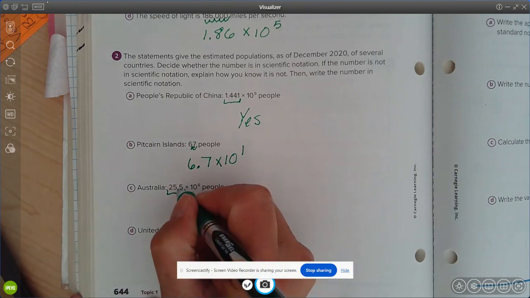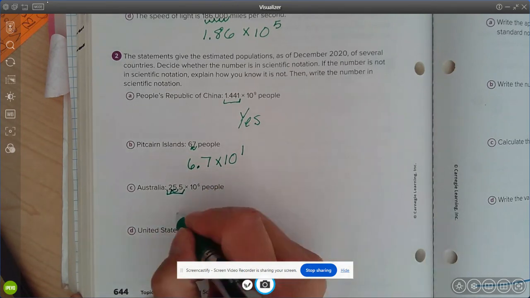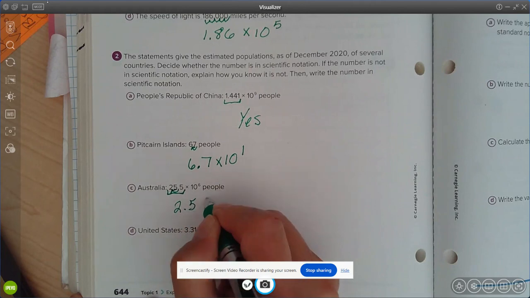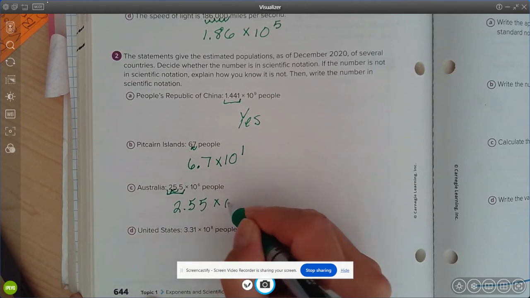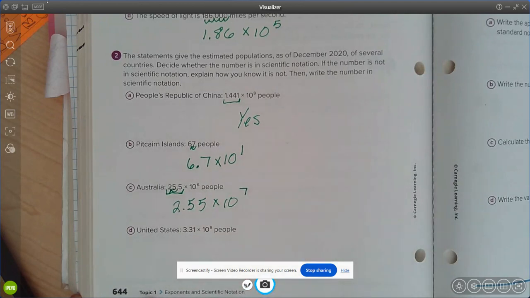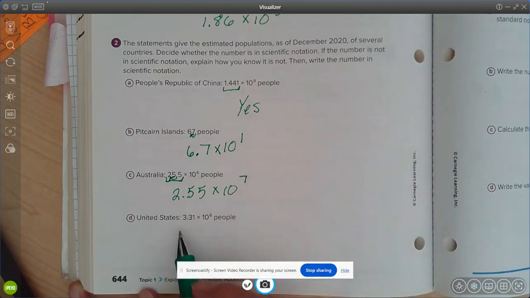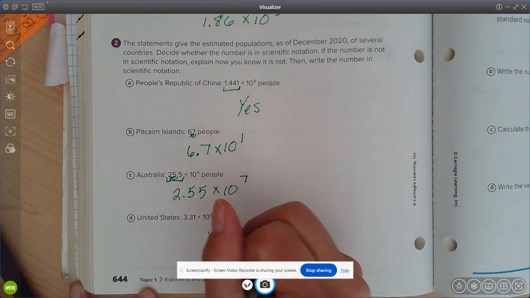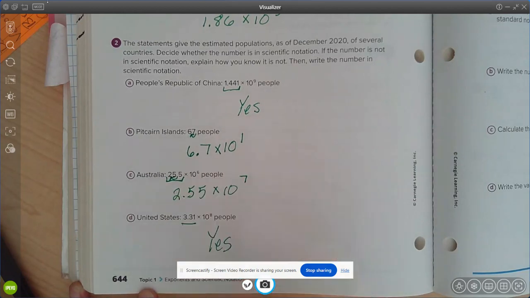So I have to move the decimal an additional place. And when I do that, I have to increase the exponent to account for that additional place. And then you can see the population of the United States is in scientific notation because this number is between 1 and 10.